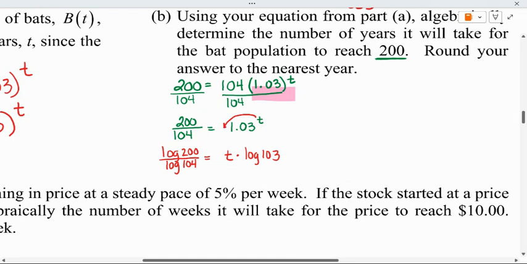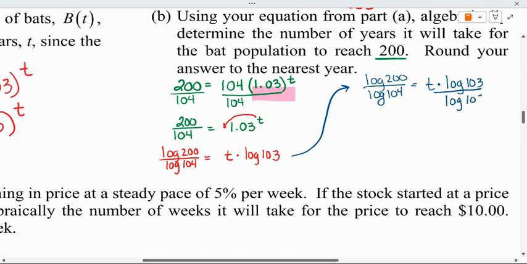So I'm trying to figure out how much time this is going to take. So I'm trying to solve for t. So the only way to do that, I'm going to kind of smush this up here. I'm going to rewrite this really fast. Log 200 over log 104 equals t times log 103. So I have to divide this by log 103, which means I have to divide this by log 103.